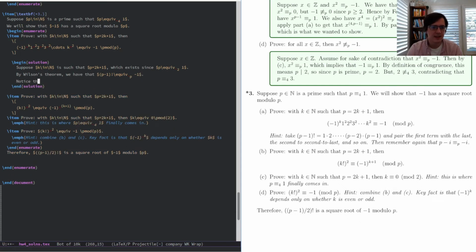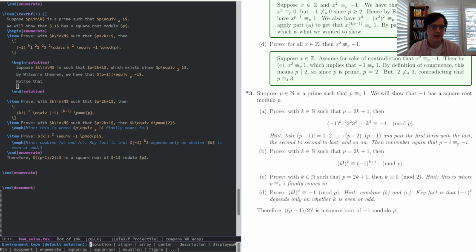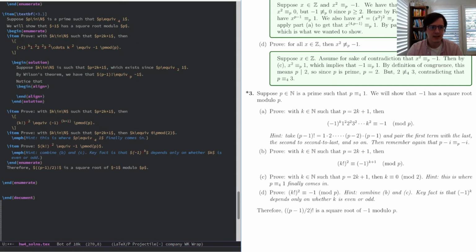Then let's notice that p minus 1 factorial is equal to 1 times 2 times and so on up to k minus 1, k, k plus 1, k plus 2, dots, p minus 2, p minus 1.